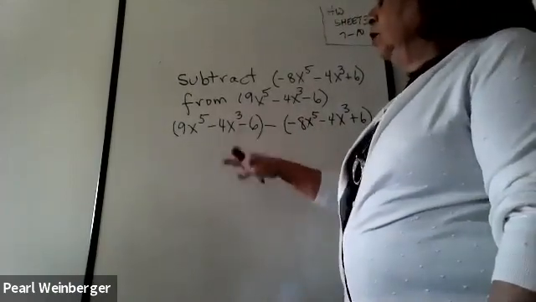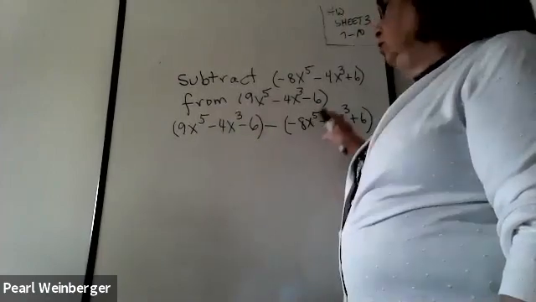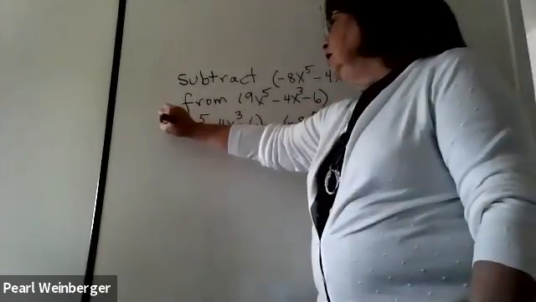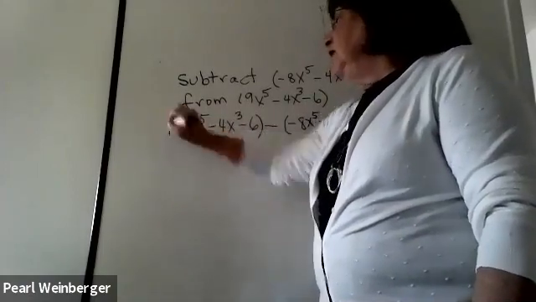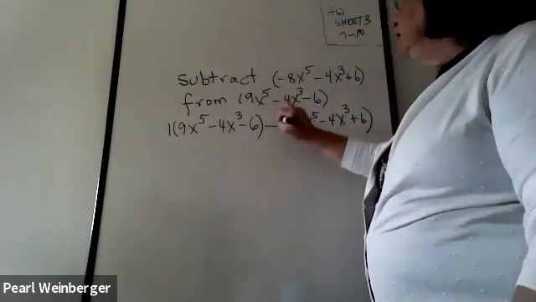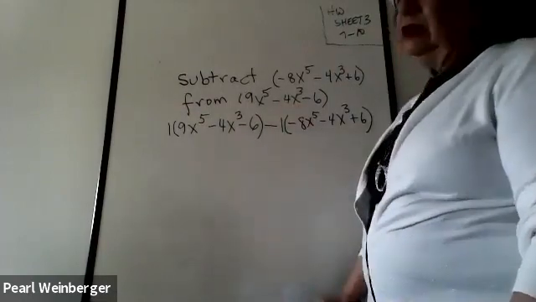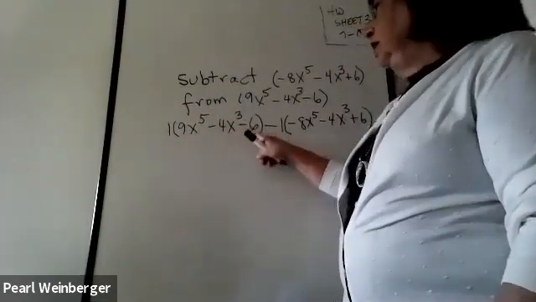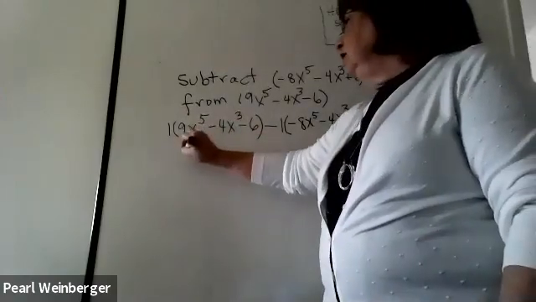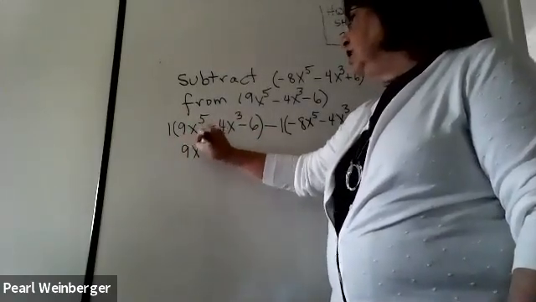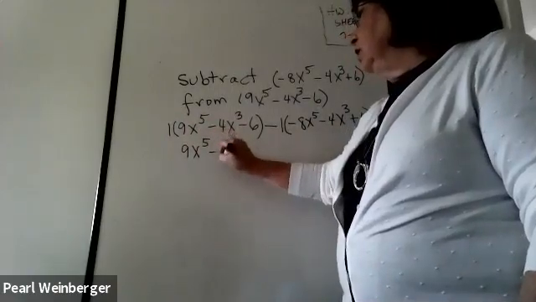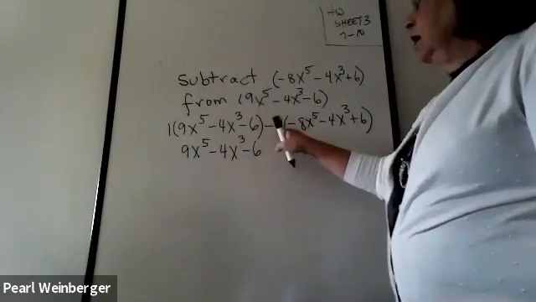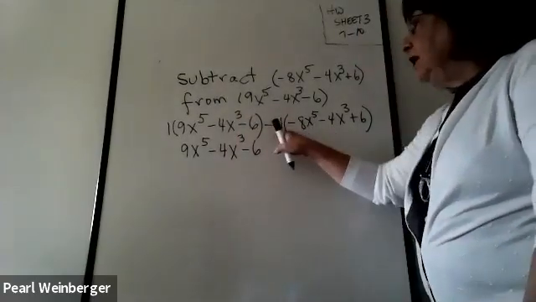When I want to do this work, I find the easiest thing is to remove the parentheses, remembering that if there's nothing in front of the parentheses, it's understood as if there is a 1 there. Now, multiplying the first parentheses by 1 just gives me the 9x to the 5th minus 4x cubed minus 6. This we're multiplying by negative 1.